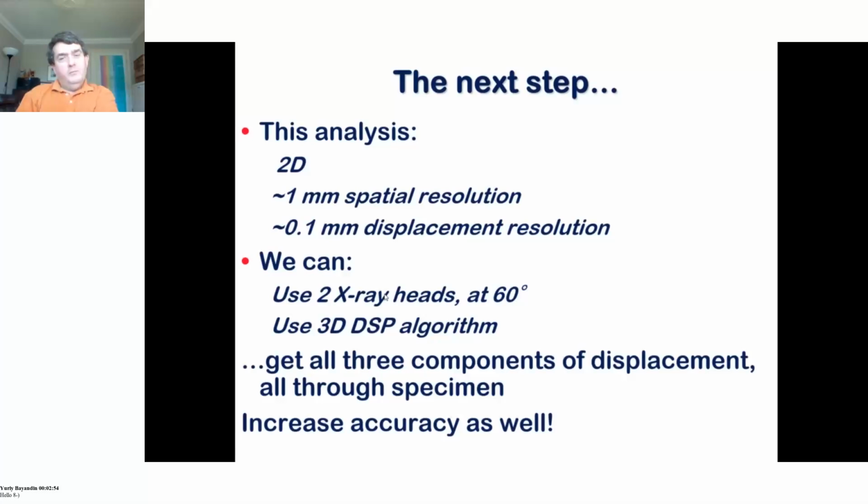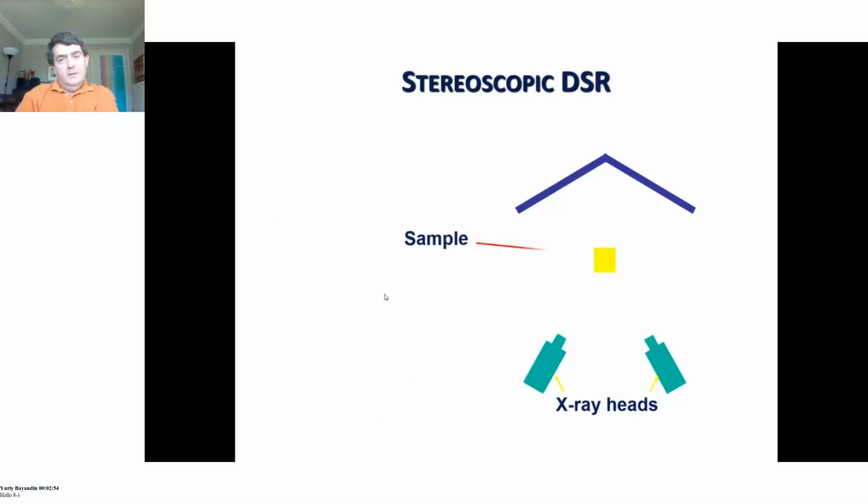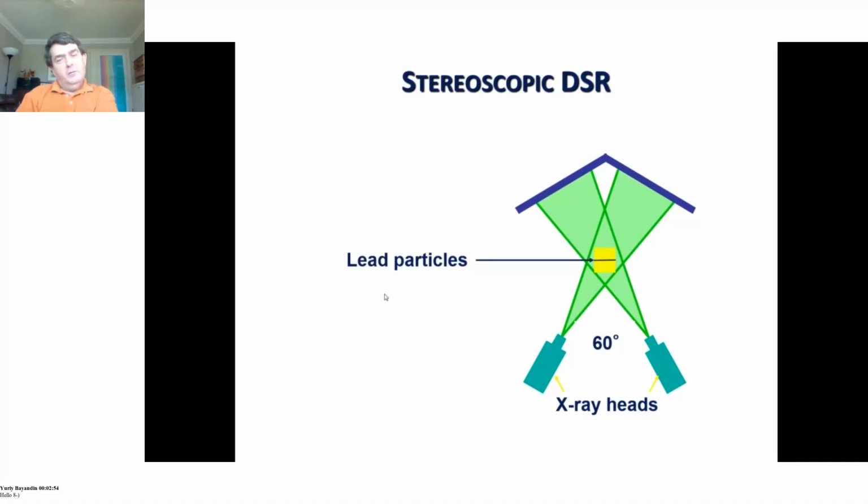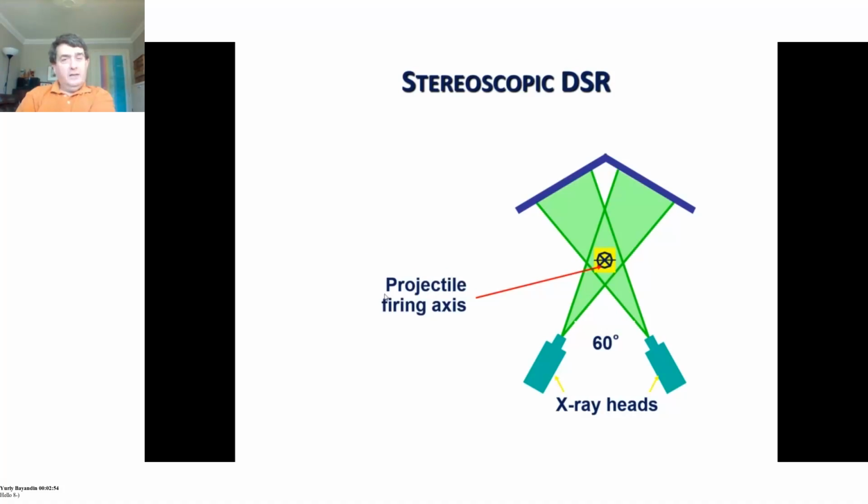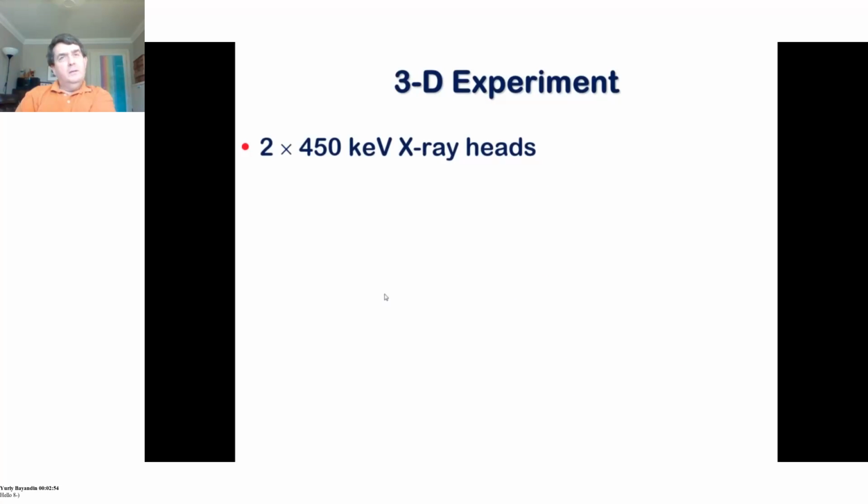So what we have was a sample with some X-ray heads and some film cassettes. We had some lead particle layer to give us our speckled pattern within the target. And we had the projectile firing along the axis of the system. So we used some reasonably powerful X-ray heads.